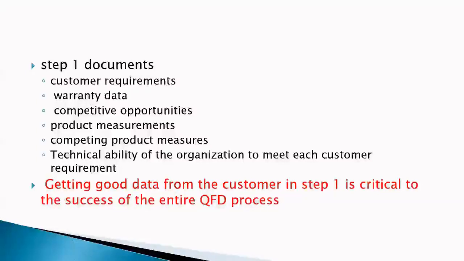It is very critical to collect correct information from customers. If we fail to get correct information from the customers, there is no point in designing that QFD matrix because we are working with incorrect information. Because of that, the critical point of the quality function deployment matrix is collecting the correct information from the customer.